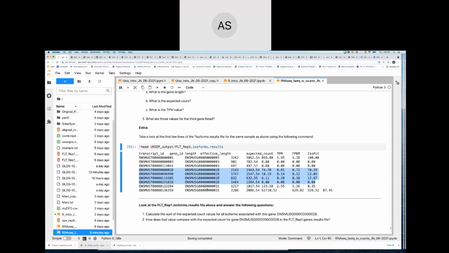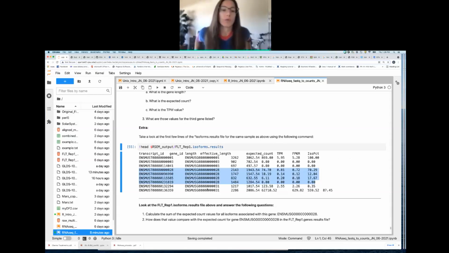So would those be included in these counts somehow, or how does that work? Right. So no, these are only counting the annotated transcripts and annotated genes. So the ones that aren't annotated that were discovered as novel splice isoforms are not going to be counted here. Good question.